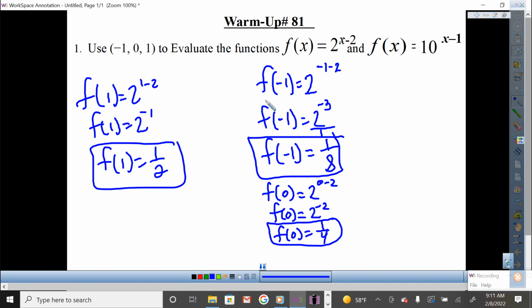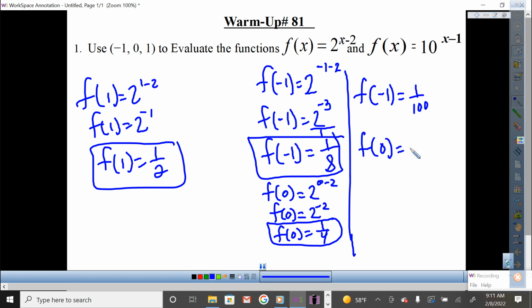All right, so we should be able to do those. With the process the same for these, f of negative 1 is 1 over 100. Yes? And then f of 0 equals 1 over 10. And f of 1 is 1. Yes, we got this.